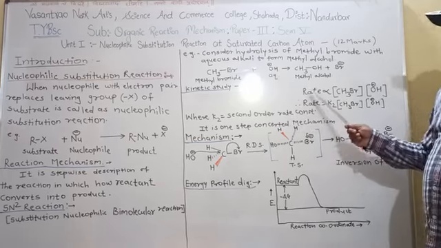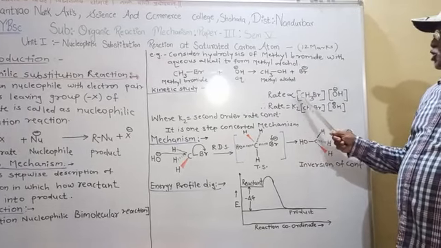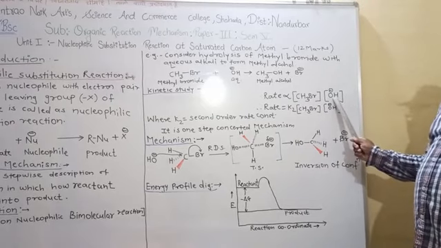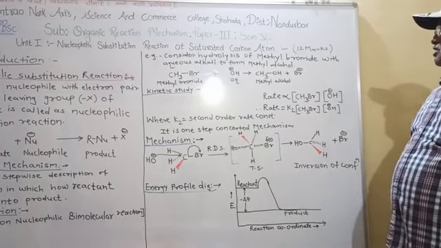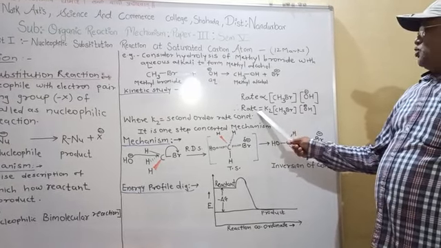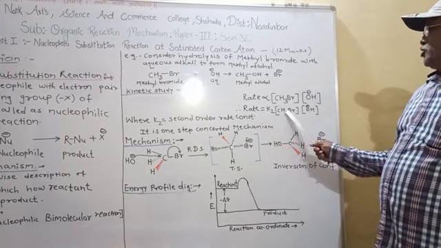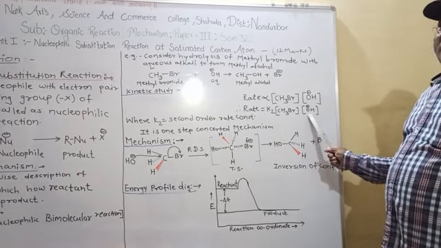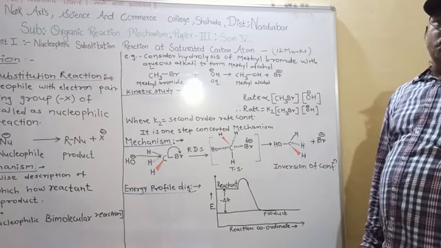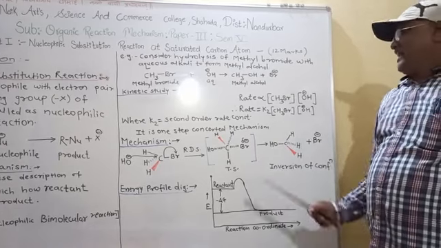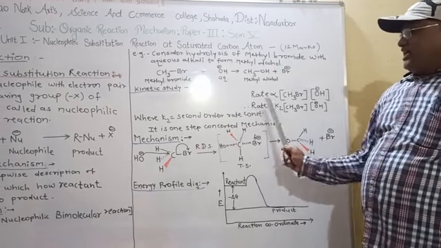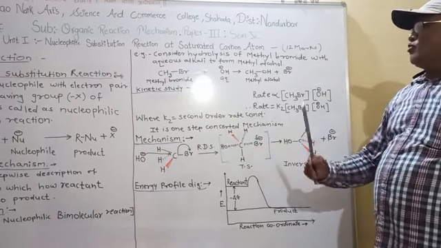Now here this rate is directly proportional to the concentration of methyl bromide and concentration of nucleophile OH. Therefore the rate is equal to K2 concentration of methyl bromide and concentration of nucleophile. Simply here square bracket is used to denote the concentration of the reactants, where this K2 is second order rate constant.